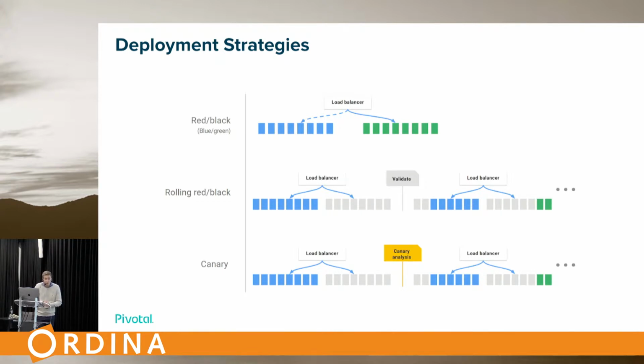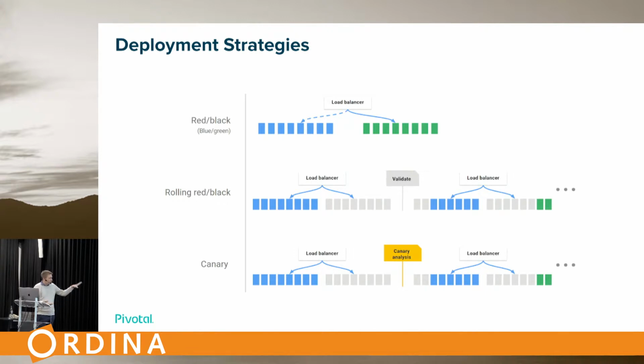With rolling blue-green, you bring up one instance at a time, or you have sophisticated load balancing strategies where you increase the load to the new versions, let's say 1% at a time. Now that's a powerful way of making sure you use fewer resources, but also that you have a smaller blast radius.